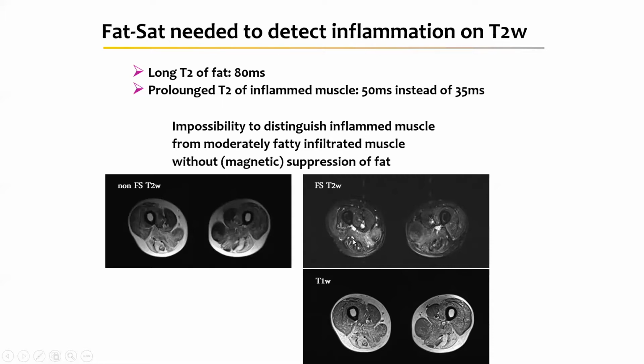Very important, you should always have some sort of internal control. STIR images, or whatever fat saturated images, are prone to artifacts. So you should always have a look at an internal control. In adults, the fat in bone marrow should be suppressed, and also the subcutaneous fat should be suppressed. If it is not properly suppressed, then you can really come to no conclusion.